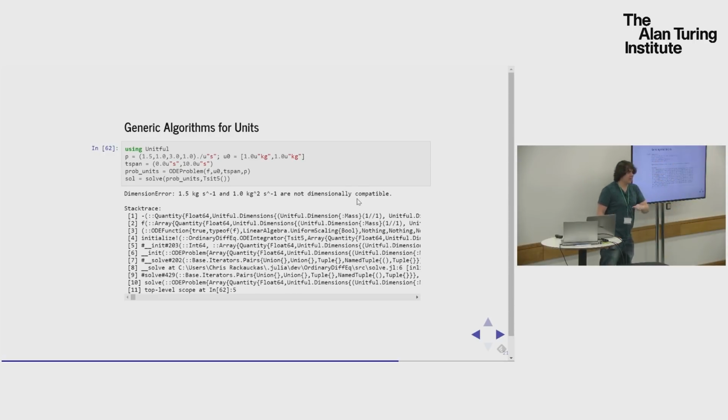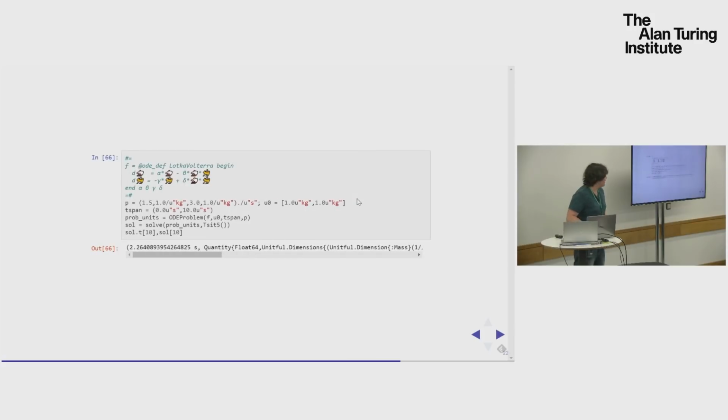Does anyone know what just happened in that equation? Well, what happened is that you do have these nonlinearities in the Lotka-Volterra model. So here you have kilograms times kilograms. So this parameter beta needs to also be divided by kilograms, and this parameter delta also needs to be divided by kilograms. Every single time I try to come up with a unit example, I actually write down the units wrong. Every single time.